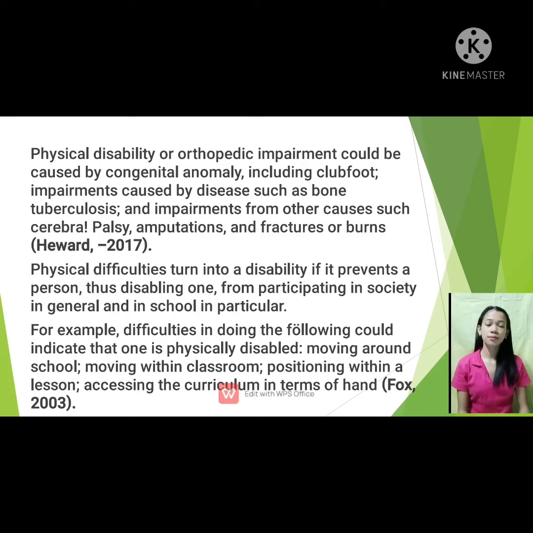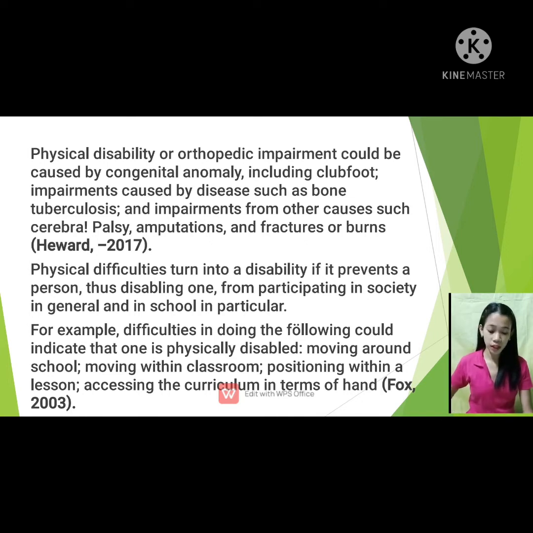Next slide. Physical disability or orthopedic impairment could be caused by congenital anomaly, including clubfoot; impairments caused by disease such as bone tuberculosis; and impairments from other causes such as cerebral palsy, amputations, and fractures or burns, according to Howard 2017.